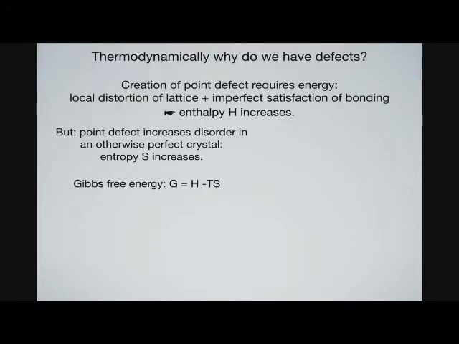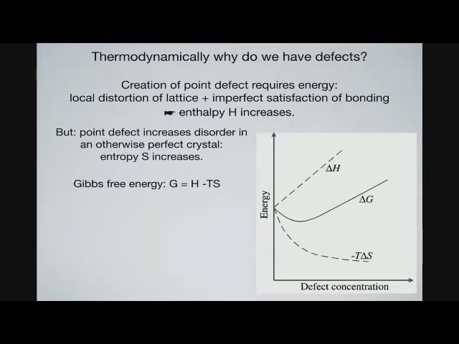So the total state of the crystal is characterized by the Gibbs free energy, which is the sum of this enthalpy here and the entropy. So we have to look at what happens if you plot here energy, Gibbs free energy. Here's the enthalpy, and here's defect concentration.